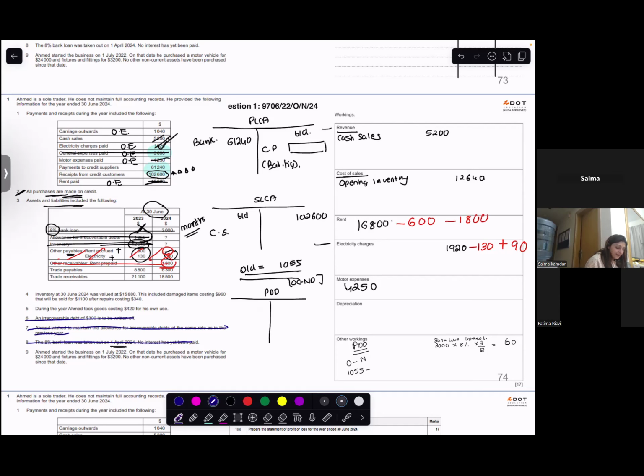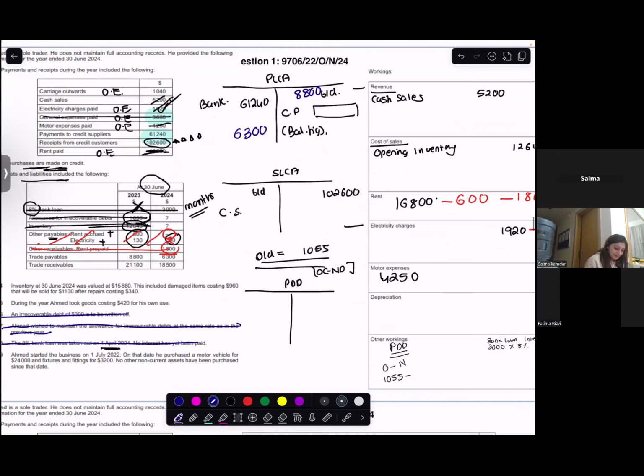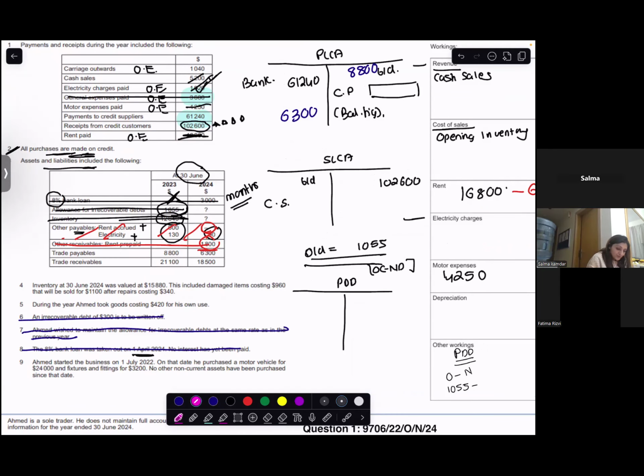Now I have trade payables opening and closing balance. Come on, tell me where should I put it? Opening balance I am putting in the PLCA, opening and closing. Trade payables have a credit balance, trade receivables have a debit balance. And for trade receivable, opening and closing.